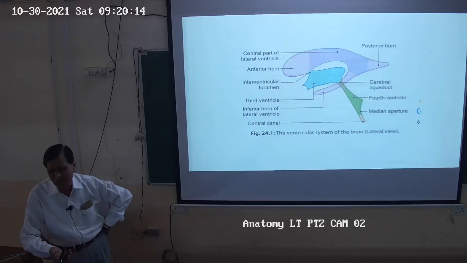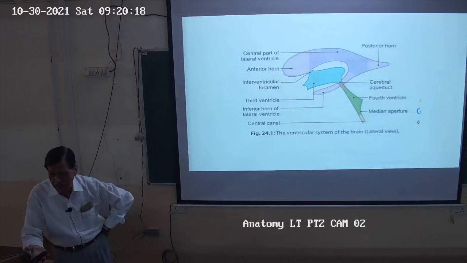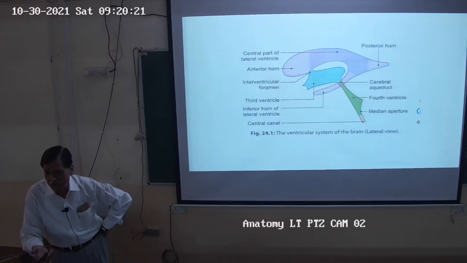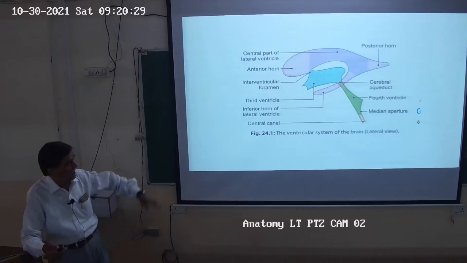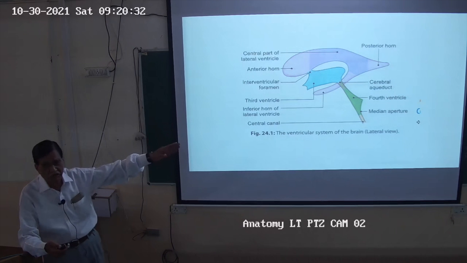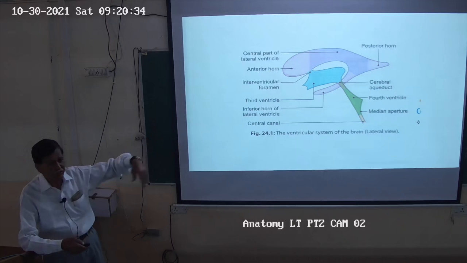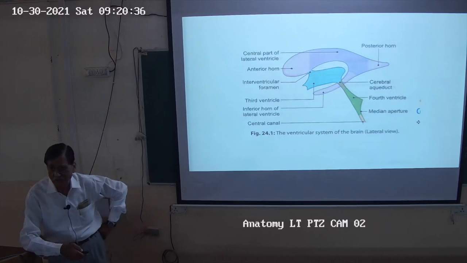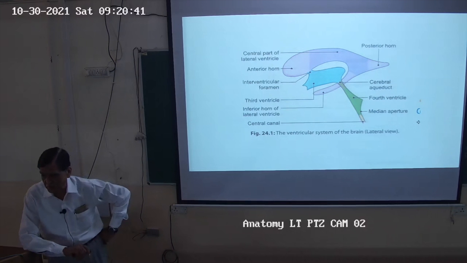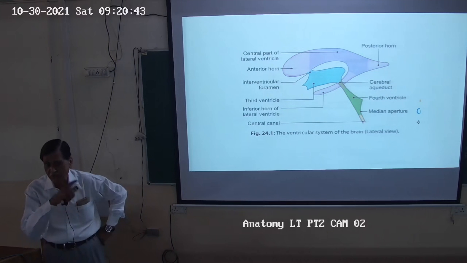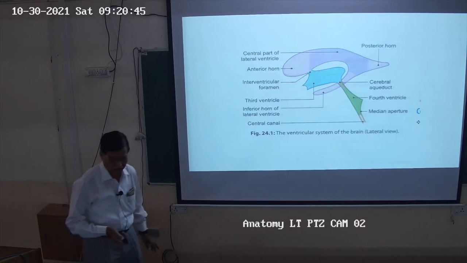What is the function of these cavities? They produce the cerebrospinal fluid, CSF, and that CSF is very essential. Why? As we have seen, it is communicating all the parts, also reaching to the central canal, and from the central canal it is coming to the subarachnoid space, and that space is present throughout the brain.